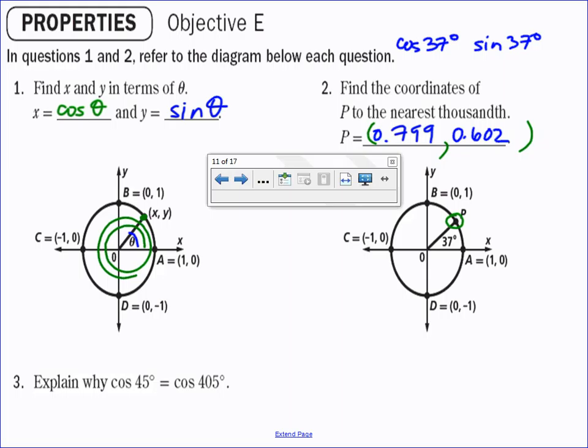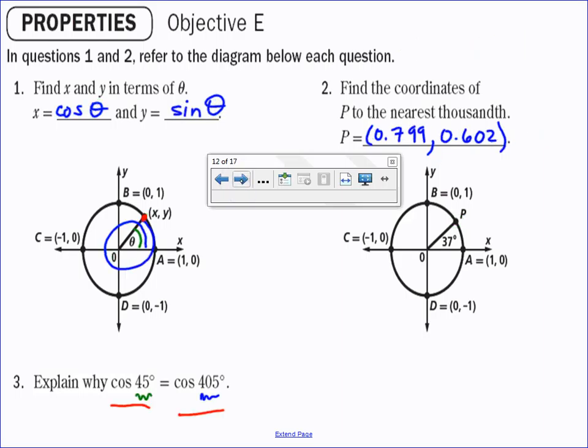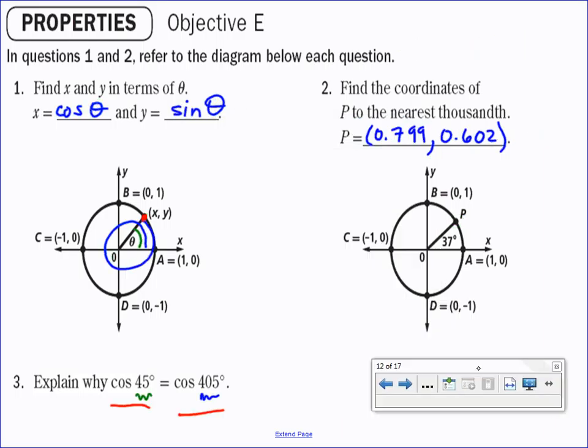Oh, goodness, I feel like we're making a vortex here. That's what we call coterminal. After a rotation of 45 degrees and 405 degrees, the terminal side of the angle points to the same ending point, and that's called coterminal.